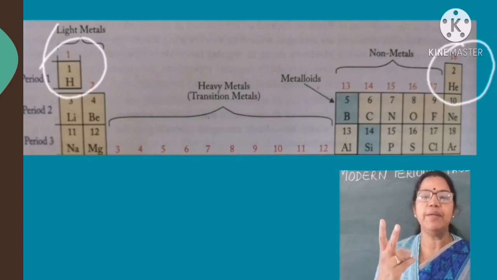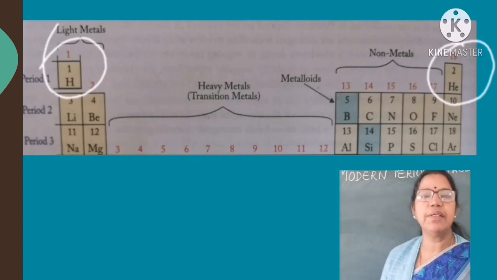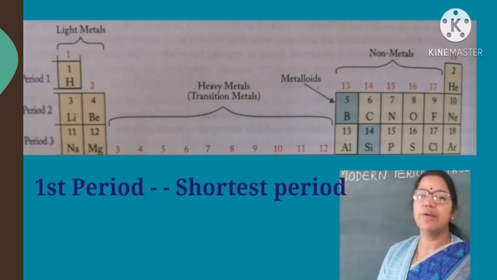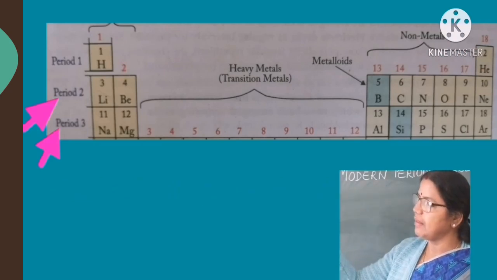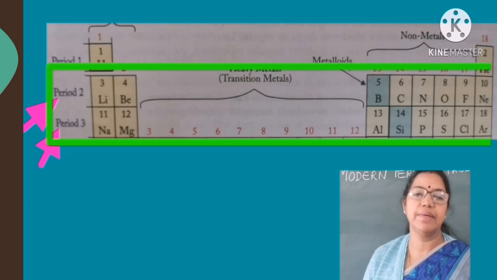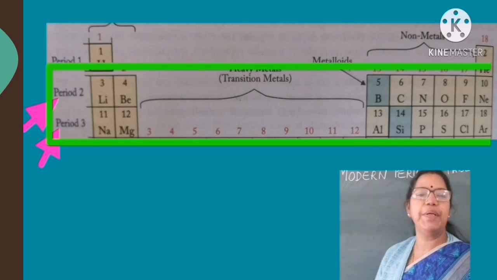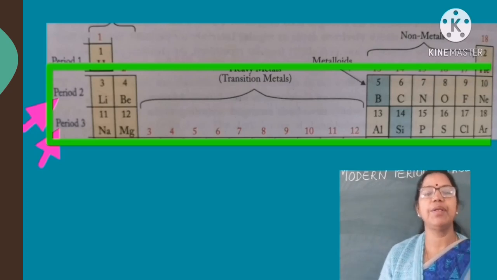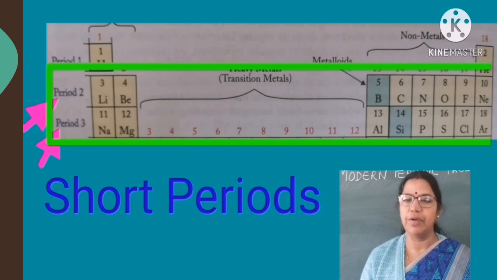With only 2 elements, the first period is known as the shortest period of the modern periodic table. In the second and third periods, you can see there are 8 elements. With these 8 elements, the second and third periods are known as short periods of the periodic table.